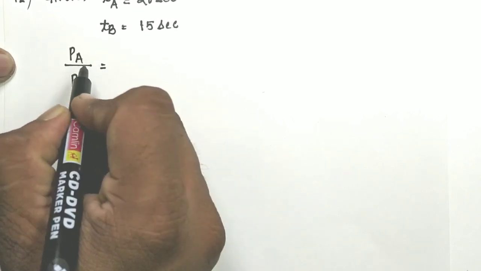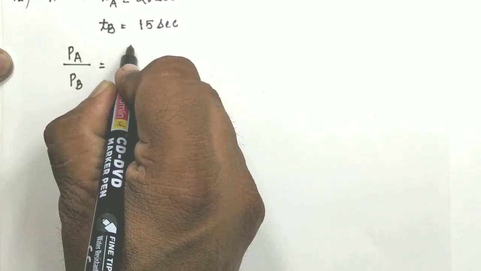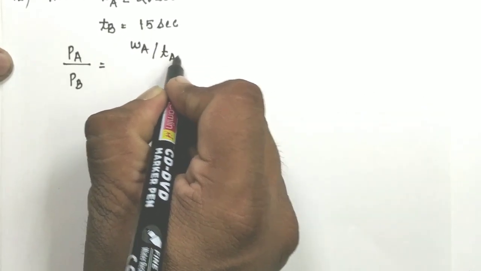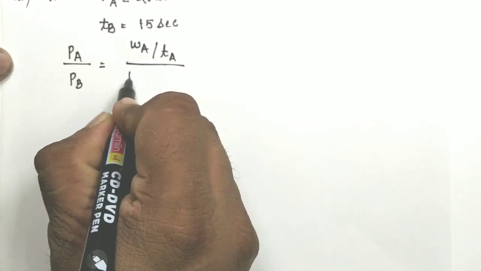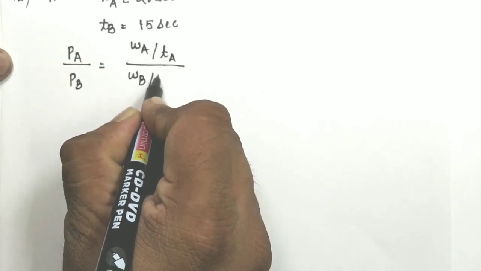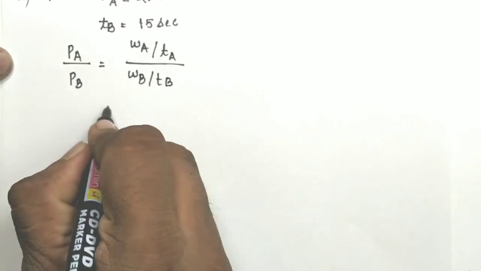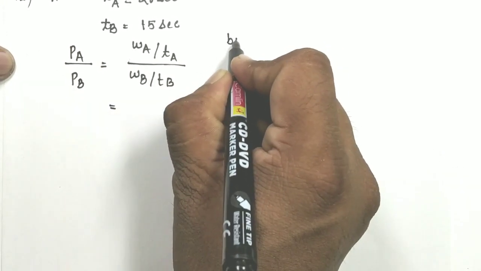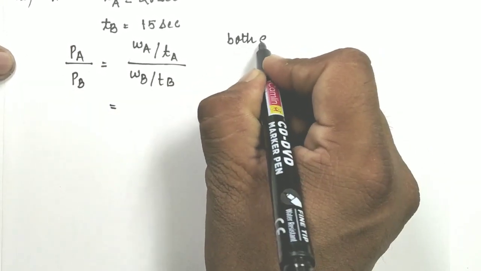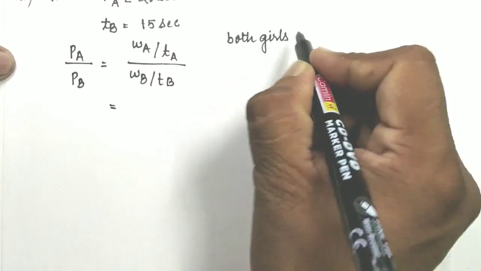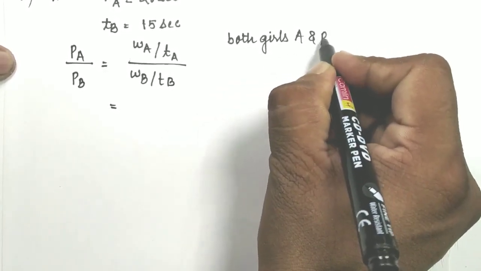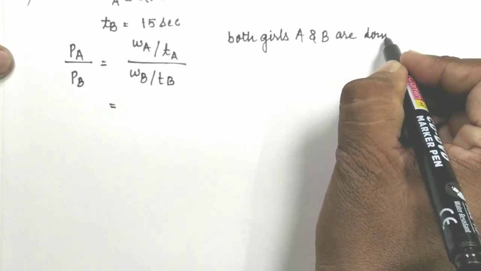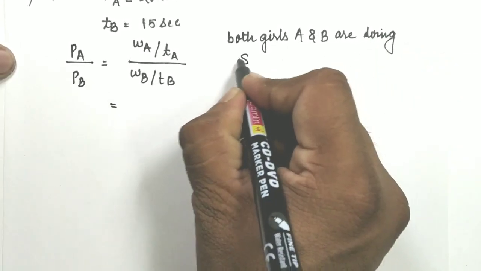As we are doing that, the power of girl A will be work done upon time taken by girl A, to the work done by girl B upon time taken by girl B. As per the question, both girls A and B are doing the same work.